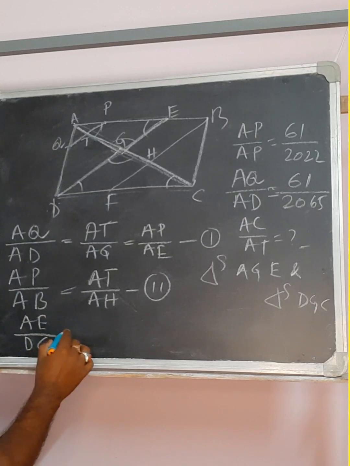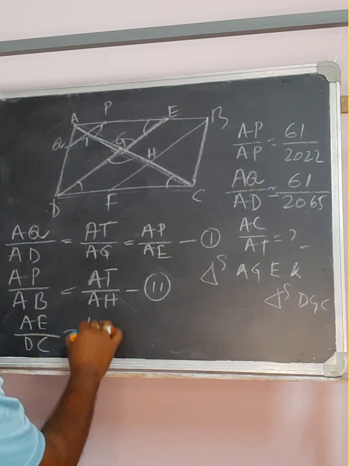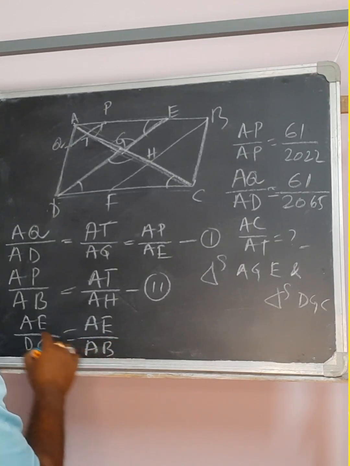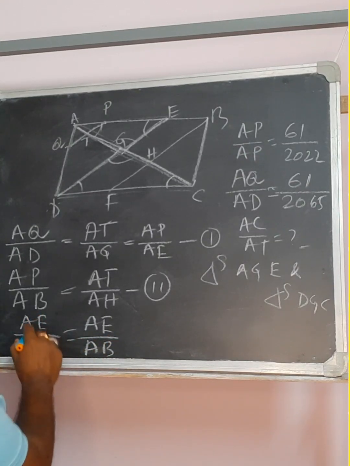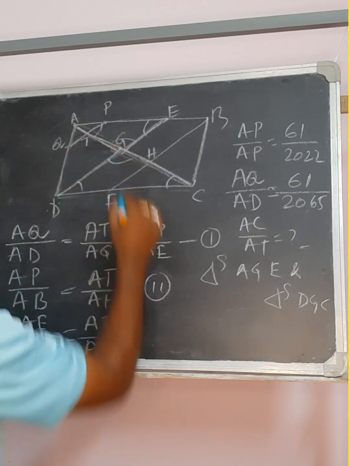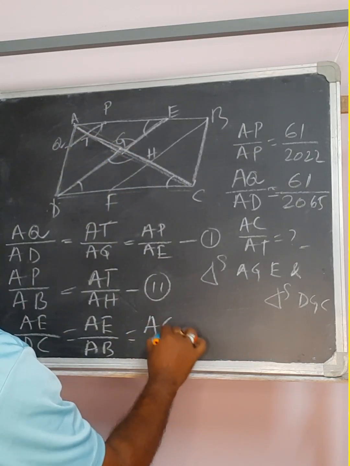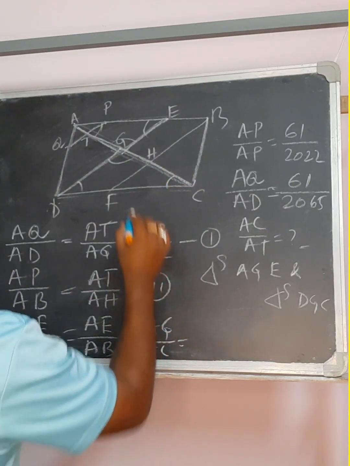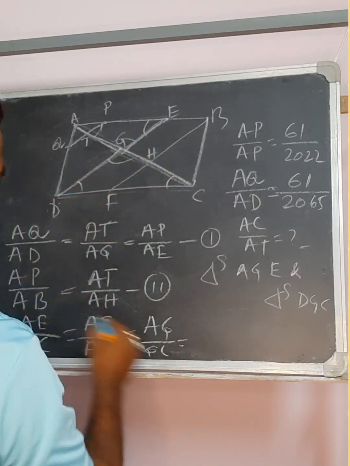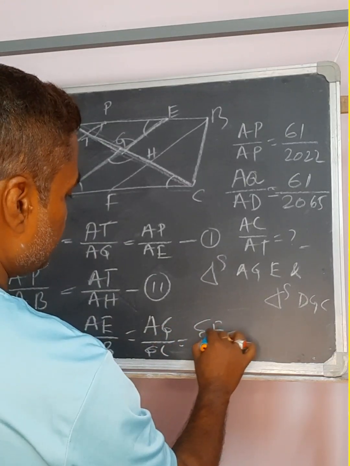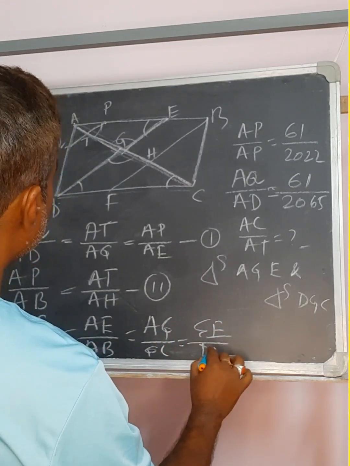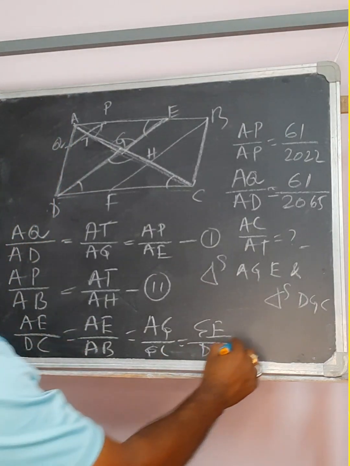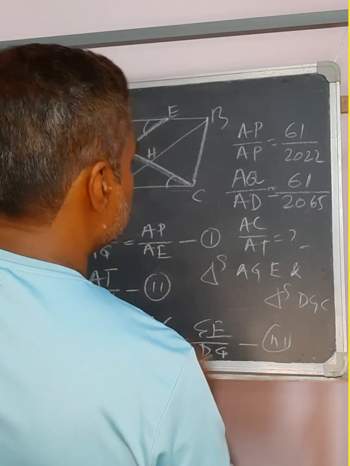So I can write AE, and as we got DC is equal to AB, this is also equal to AB. Now this ratio is equal to the similar sides, I can say AG is to GC, and another similar side is EG is equal to DG. So these are equal. So this is the third relation of ratios that are equal.